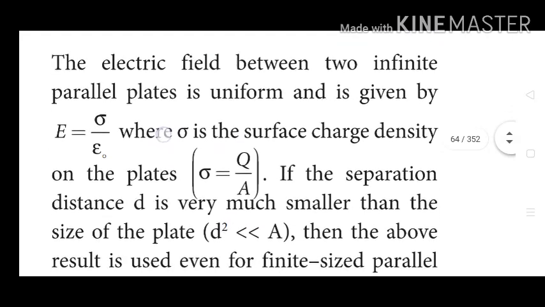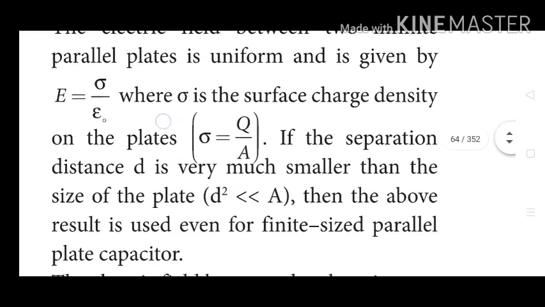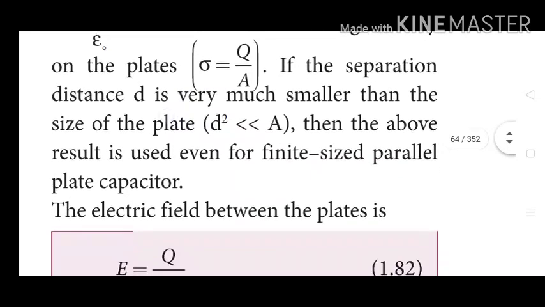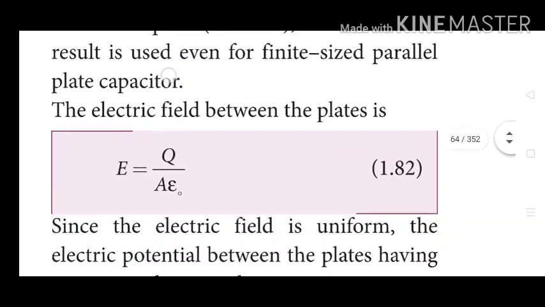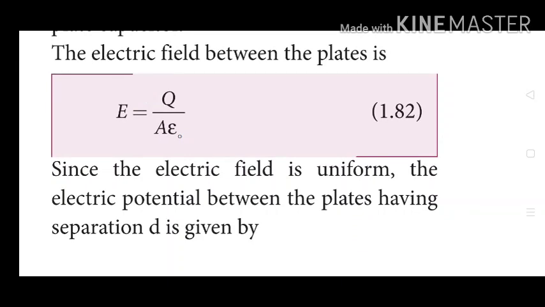If the separation distance d is very much smaller than the size of the plate, that means d squared is very much less than the area, then the above result can be used even for finite sized parallel plate capacitors. The electric field between the plates is E is equal to Q by A epsilon naught.